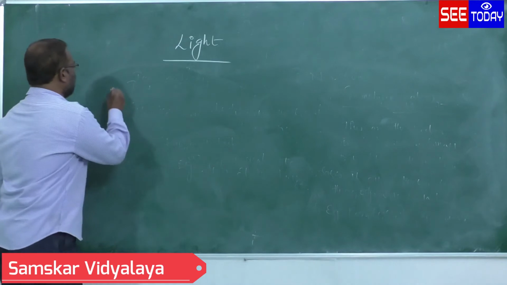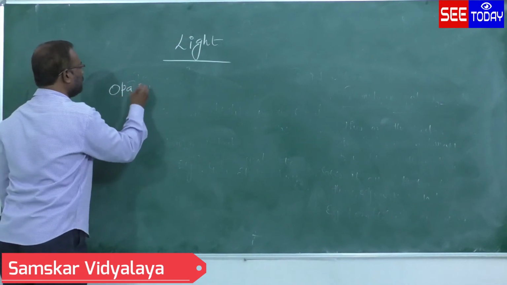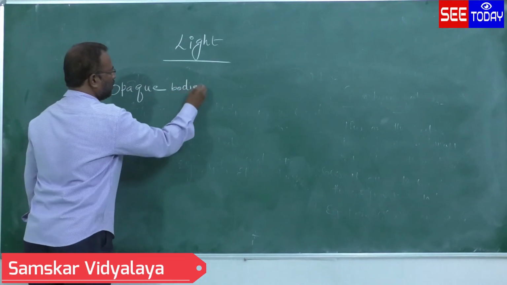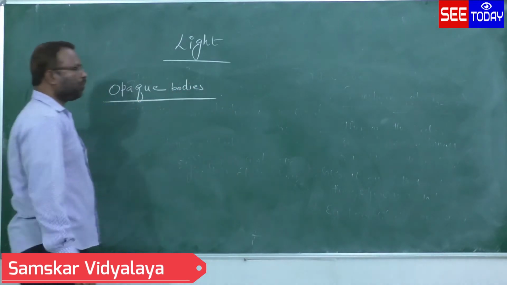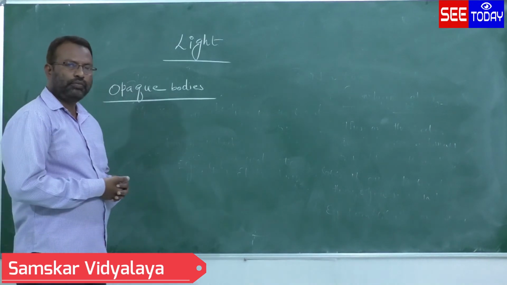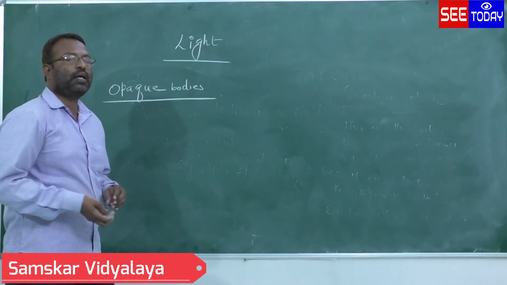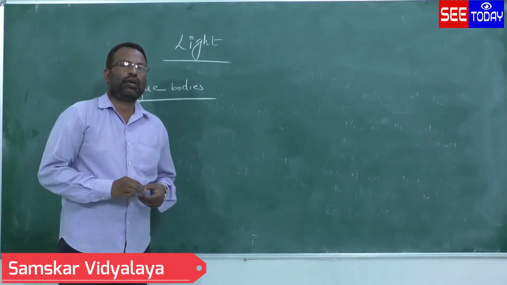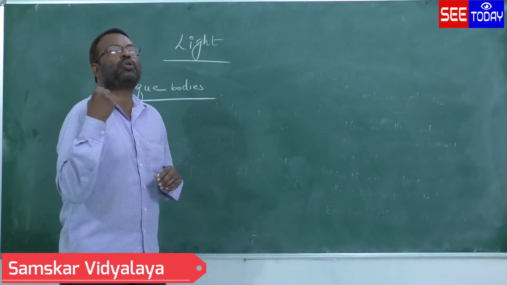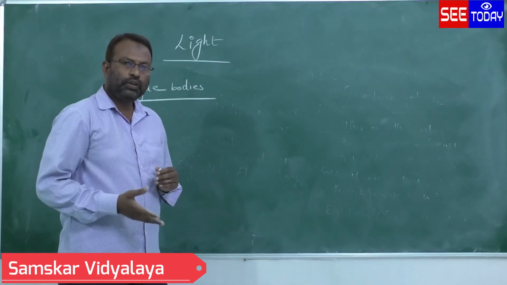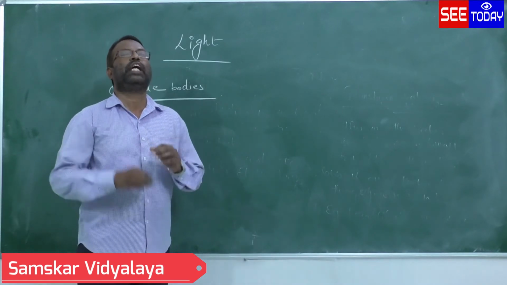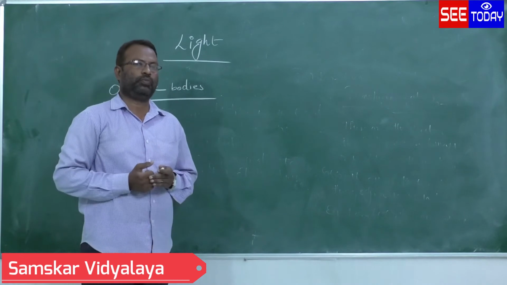Next one, opaque bodies. What are opaque bodies? These are the bodies which do not allow light to pass through them.